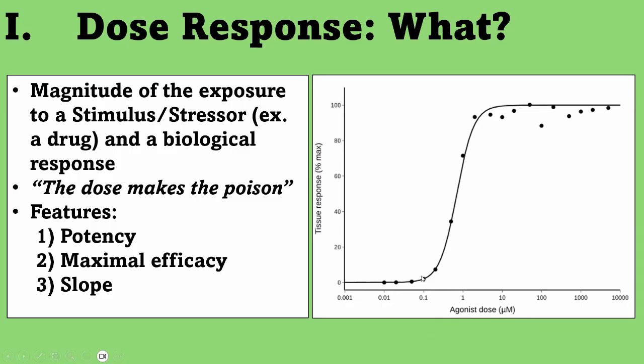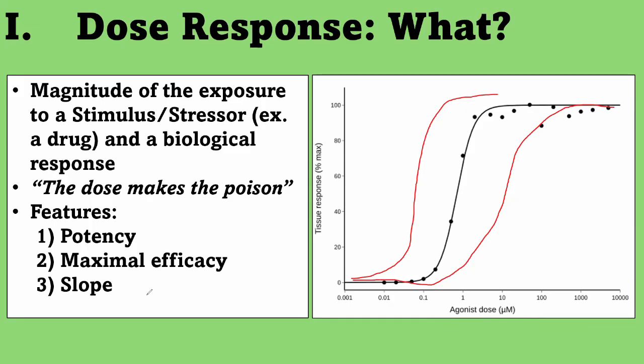For every tick mark up, you get 10 times the dose: 1, 10, 100, 1,000, etc. And so potency is the location of the curve along the dose axis. More potent things are going to have a curve that goes closer to the left in this circumstance. Less potent are going to be further along here.